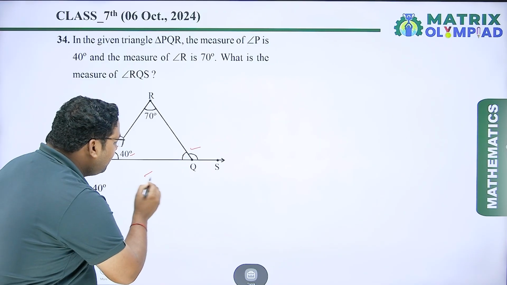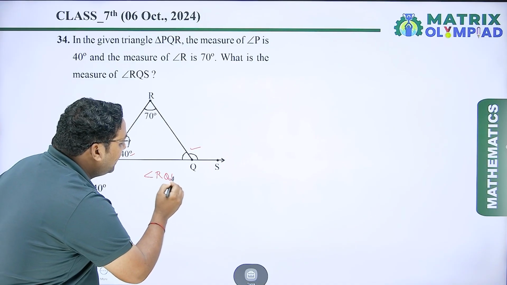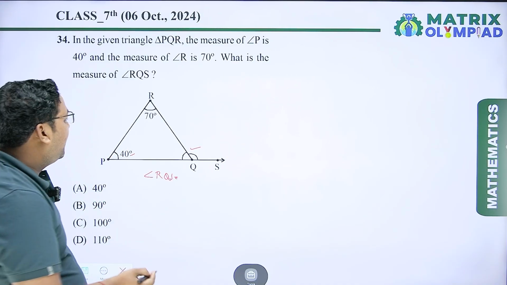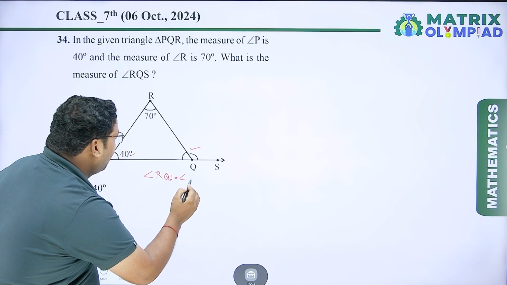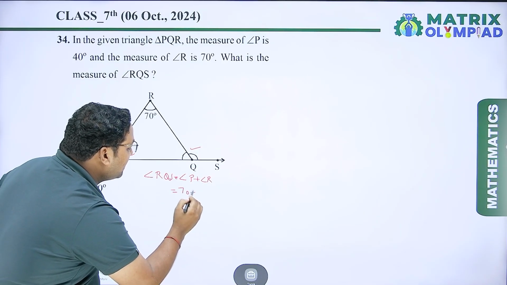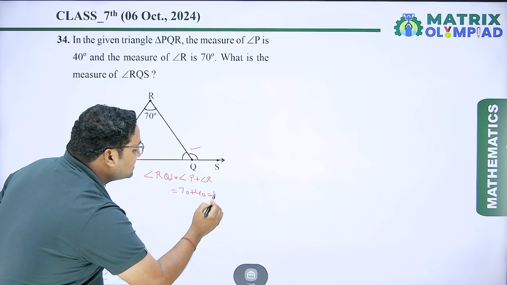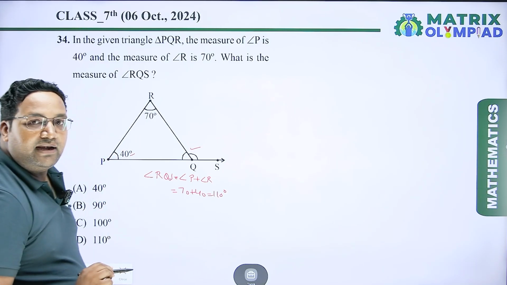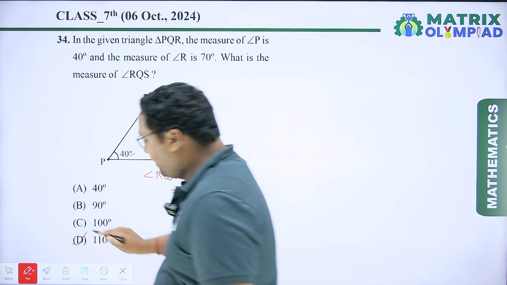So here angle RQS is an exterior angle, and this value is equal to angle P plus angle R, that is equal to 70 plus 40, which is equal to 110 degree. So correct option is D.